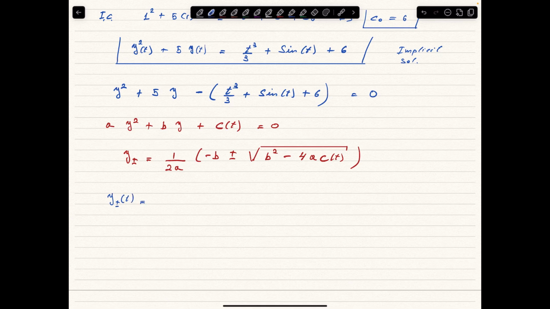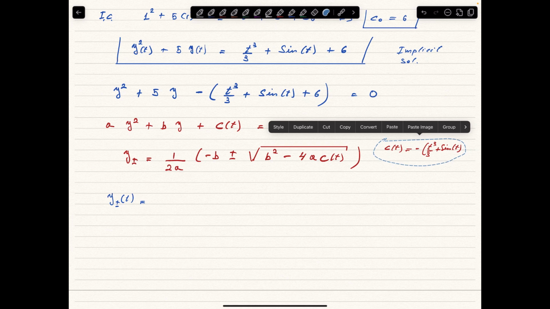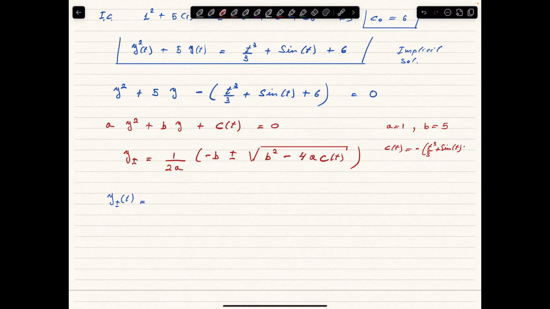Well, notice that in our problem, from here we see that a is equal to 1, b is equal to 5, and c of t is that whole thing with a negative sign: negative, t cubed over 3 plus sine of t plus 6, all under the negative sign. Okay, so that is what we need to put there.